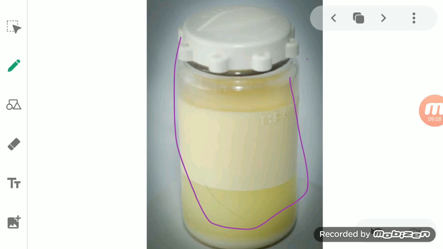Here the meaning of coagulation is that when tiny particles combine together to make a big particle, that is known as coagulation. So the small cream particles present in it start coagulating with each other and thus form cream.